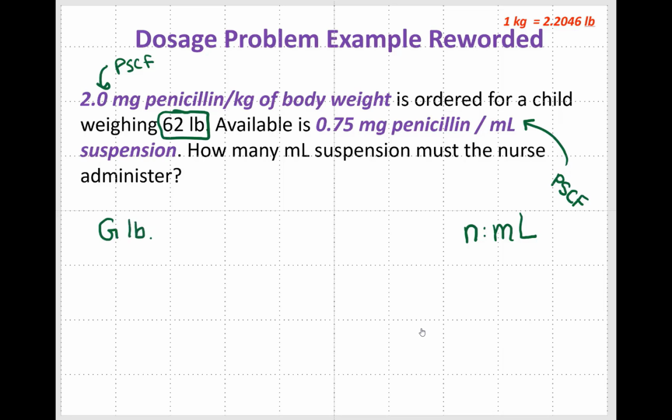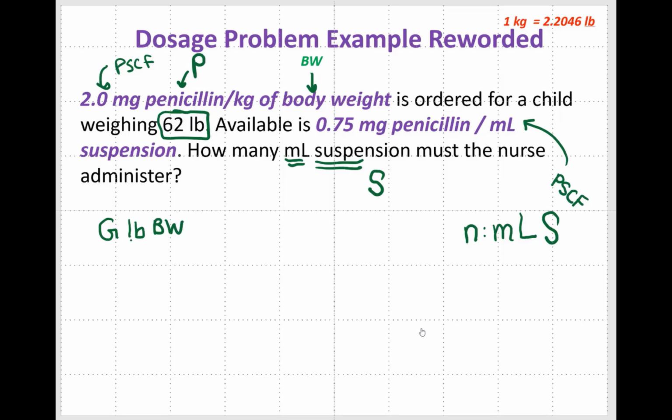And we're talking about pounds of body weight. So I'm going to abbreviate body weight, BW. And the milliliters I was looking for is milliliters of suspension. So let's abbreviate that big S for our needed unit. And then we can abbreviate penicillin, big P. It'll just save us time in writing.